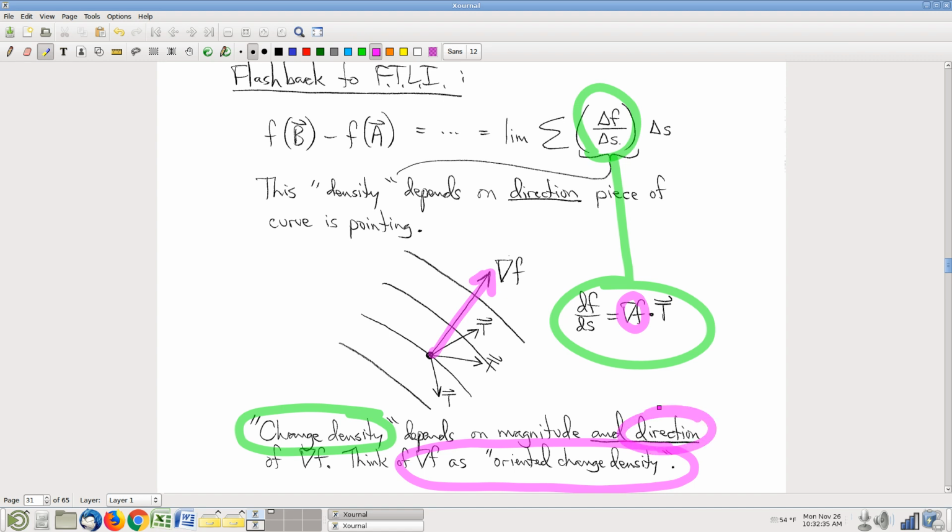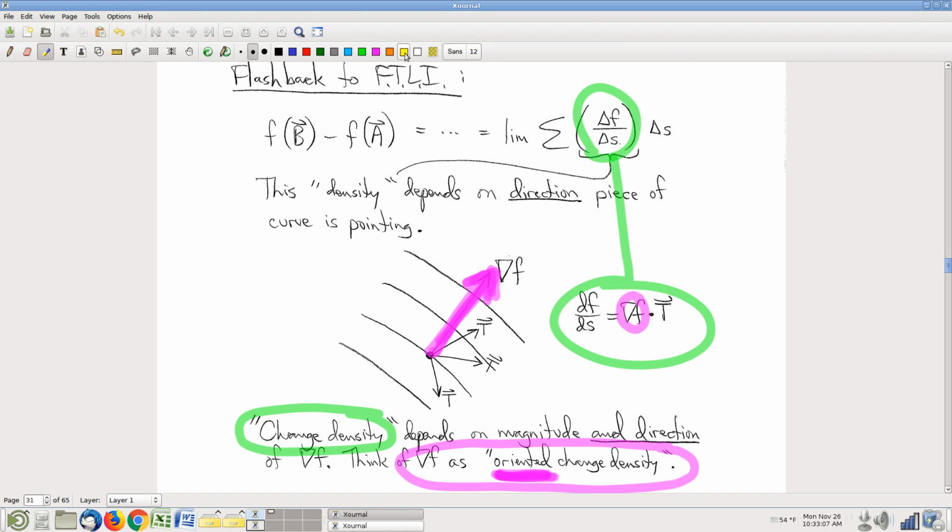It's telling you not only the change per unit distance, but in which direction. So I like to call it an oriented change density, because it's a vector. It's not just a magnitude telling you change per unit distance. It's a vector telling you change per unit distance in the optimal direction, and what that direction is. Okay, so that's the idea of an oriented density.